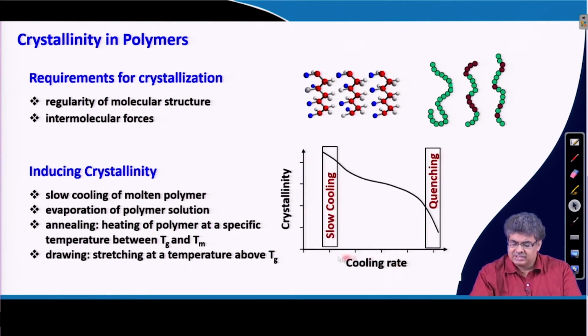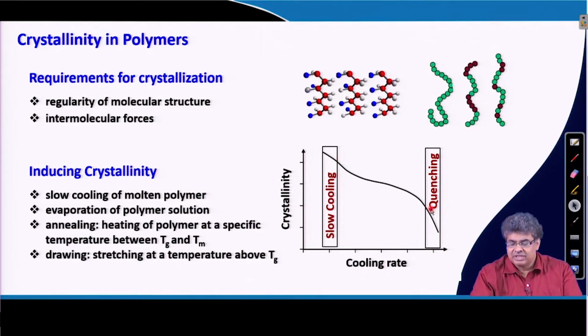This is just to show how crystallinity varies with cooling rate. If we cool a polymer melt slowly, then the crystallinity will be higher, because again we are giving more time to polymers to rearrange themselves and align with each other.